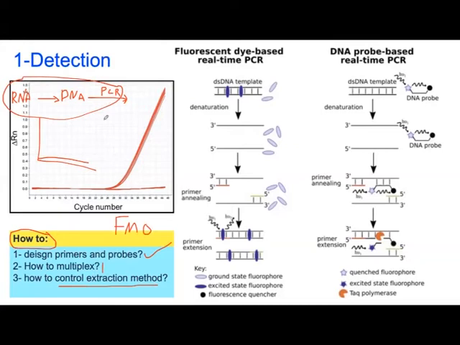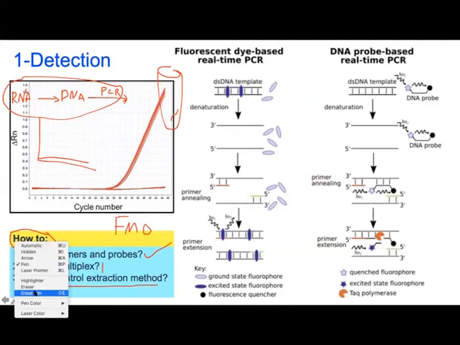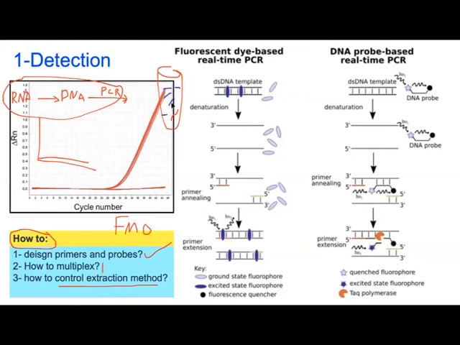So what people also do during this reaction is what is called an extraction control, or a control reaction. Whenever you have a sample, this is my sample that I got from the patient, I'm going to get the RNA from the virus, but also I'm going to get RNA from the human, and too much RNA from the human.